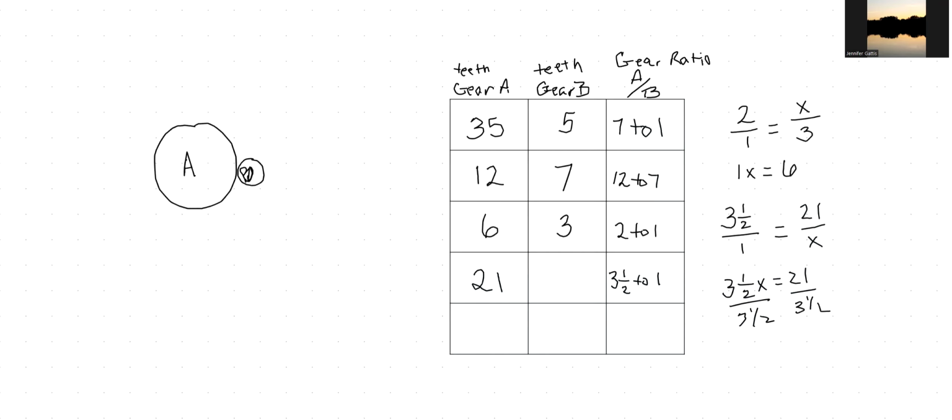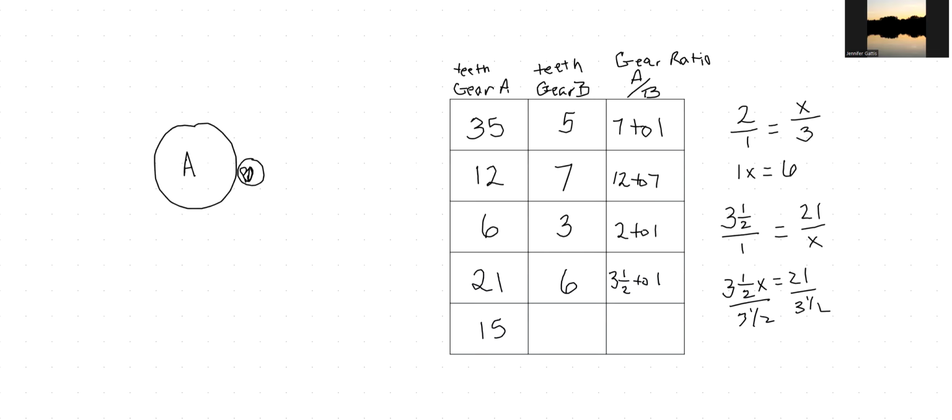And for our final example, suppose the number of teeth on gear A is 15, and the ratio is 1 to 3.